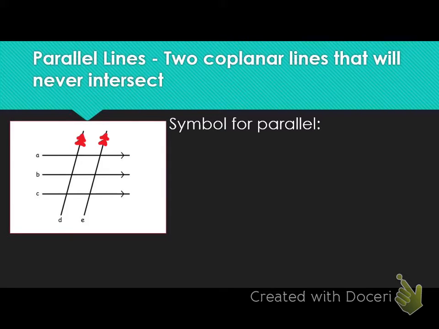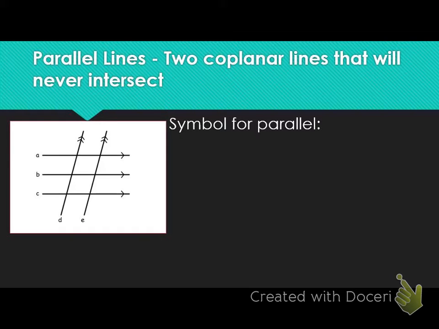For parallel lines, you look for either little triangles, which I did not draw very beautifully, or the little arrowheads that look like that. And you would match them up. So D and E are parallel, and A, B, and C are parallel to each other. If those little tick marks or arrows are not there, then we don't know that they're parallel.